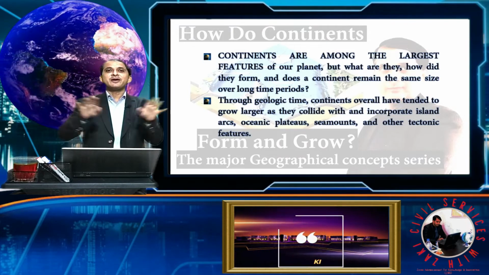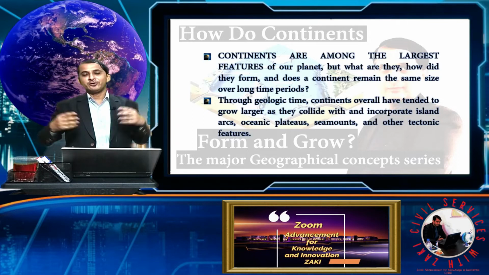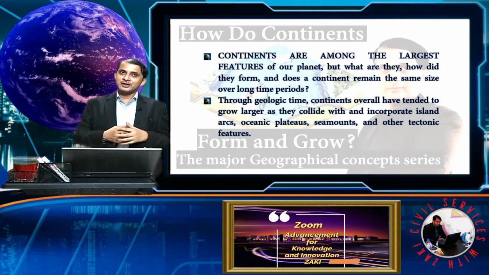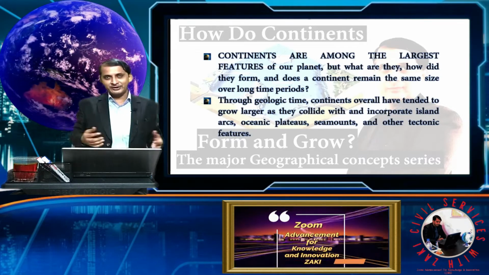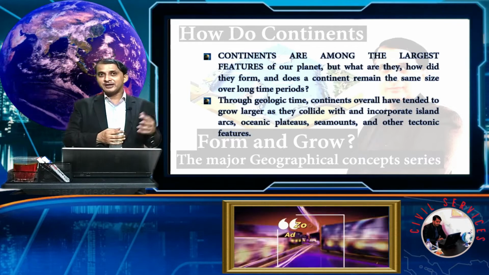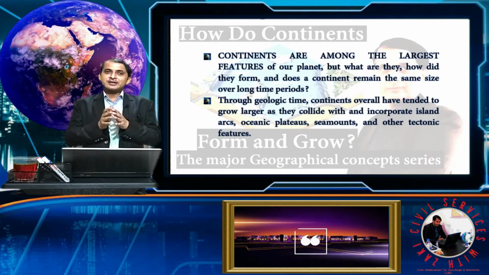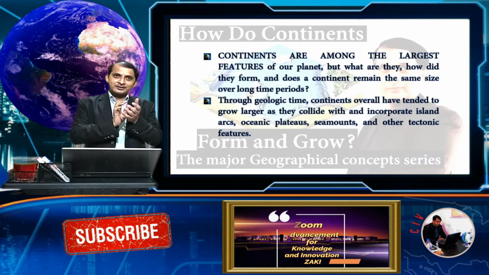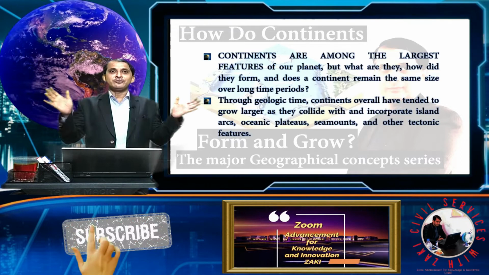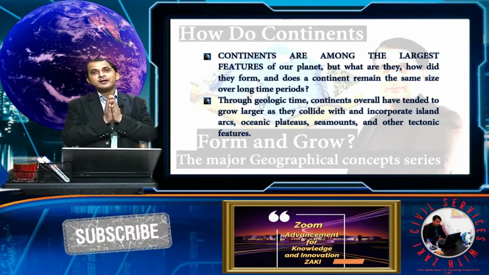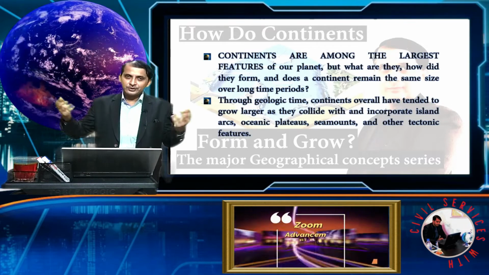After that, the supercontinent fragments into smaller continents. As you know, Wegener proposed the continental drift theory, and finally Pangea. So this is the cycle: continents collide, join together, and finally they break apart.